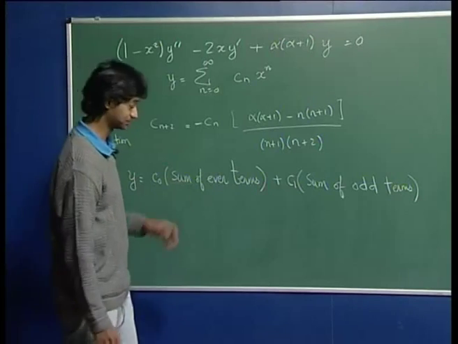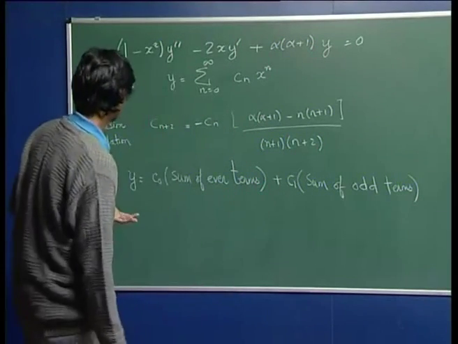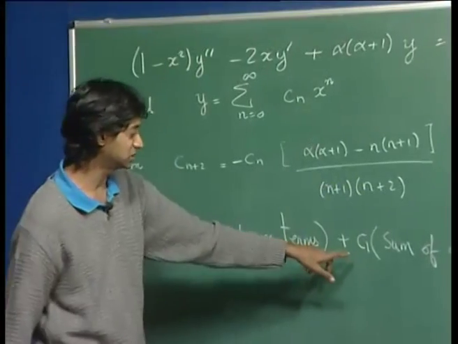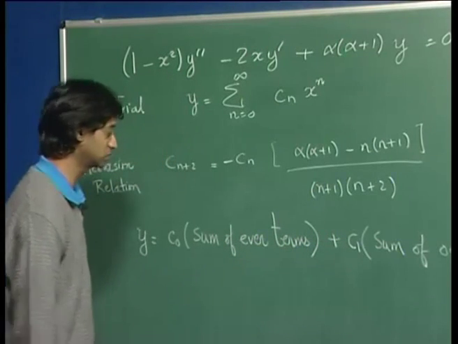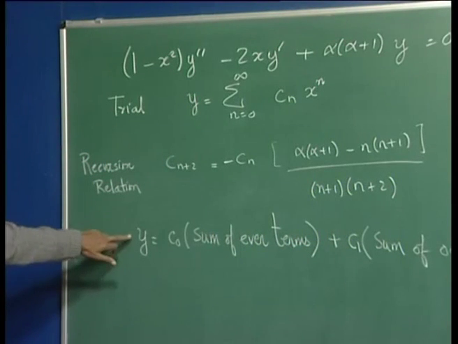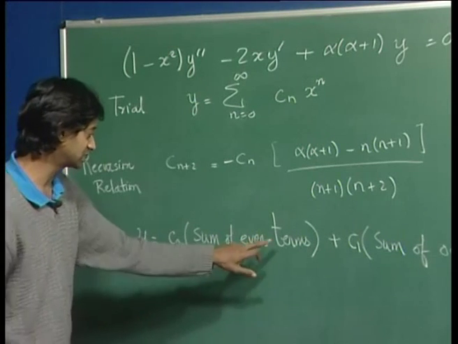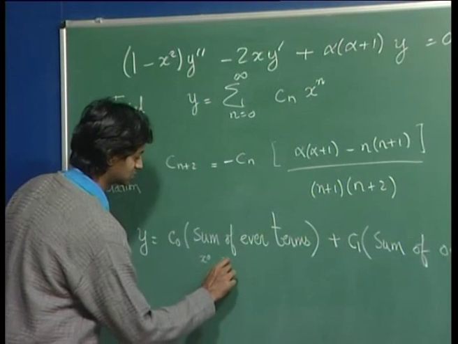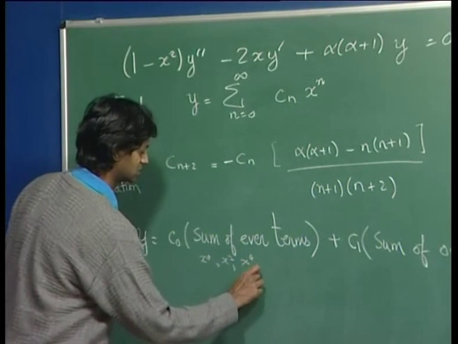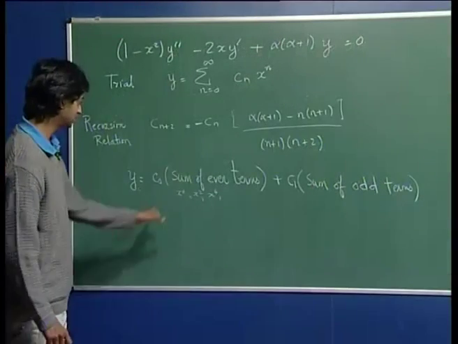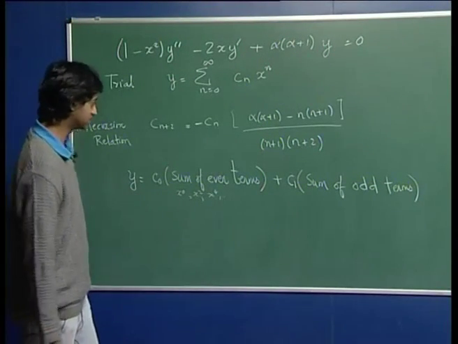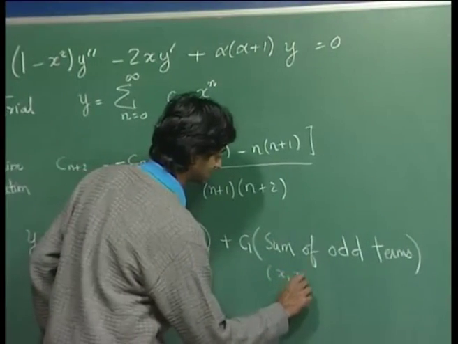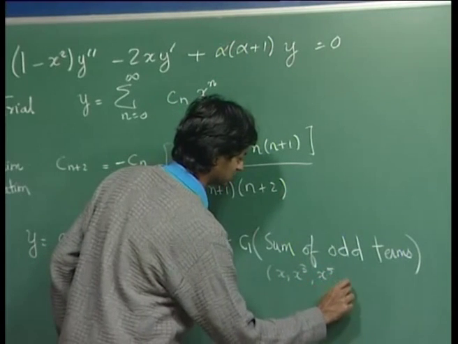And this can be written in this form. What we saw is that all the odd terms are proportional to C1 and all the even terms are proportional to C0. So, we can write our solution y as C0 times a sum of even terms, polynomials of the form x raised to 0, x squared, up to x^4, containing only even powers of x, plus a polynomial containing only odd powers of x, like x, x cubed, x^5 and so on.